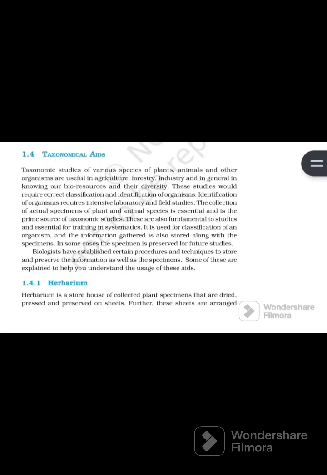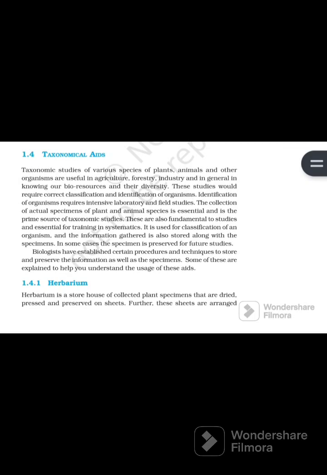Topic 1.4 Taxonomical Aids. Taxonomic studies of various species of plants, animals, and other organisms are useful in agriculture, forestry, industry, and in general in knowing our bioresources and their diversity. These studies would require correct classification and identification of organisms. Identification of organisms requires intensive laboratory and field studies.